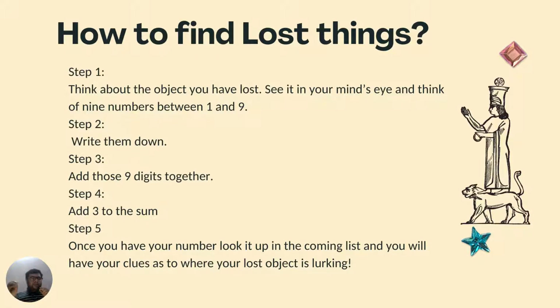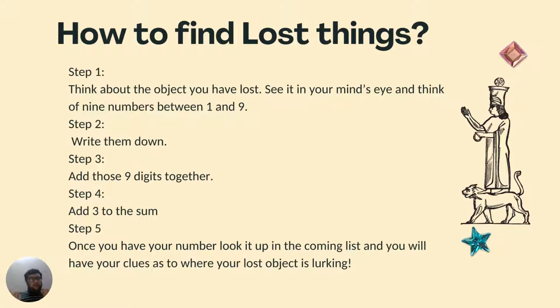Just place that object in your mind and think of it, and instantly, without any break, just say nine digits or nine numbers between 1 to 9. So the total number of digits or numbers has to be 9, and they have to be between 1 and 9. So the second step is write them down.